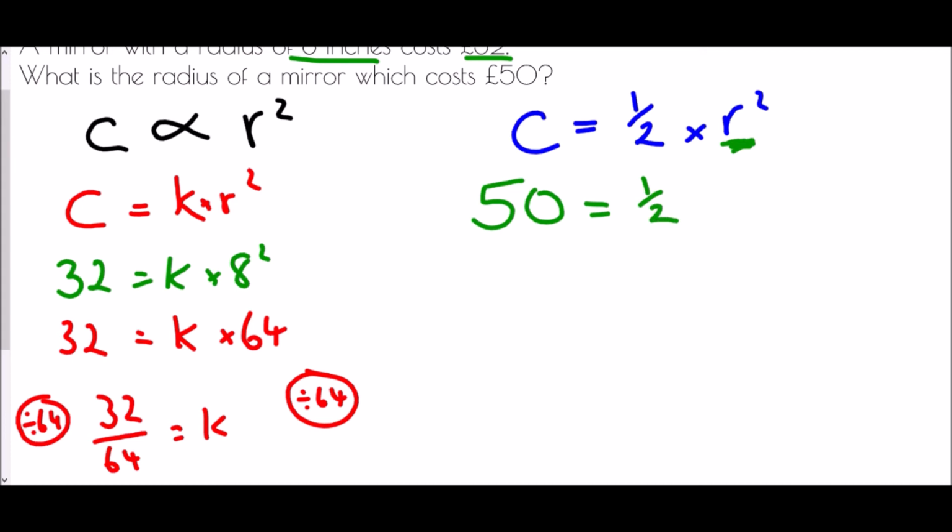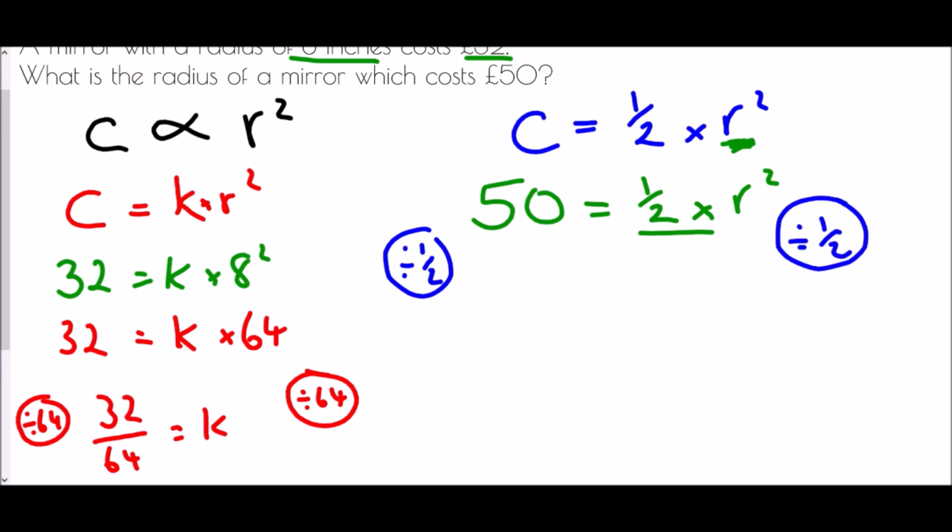But we still just need to solve this like we would any other calculation. And so I have times a half here, which means I'm going to need to divide by a half. Now a very important fact here, if you divide by a half, that is exactly the same as multiplying by 2. And so we get 100 on this side and r squared on this side.